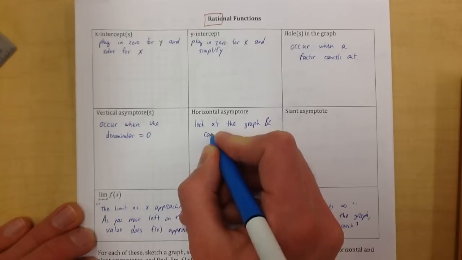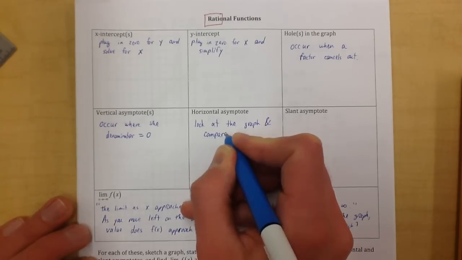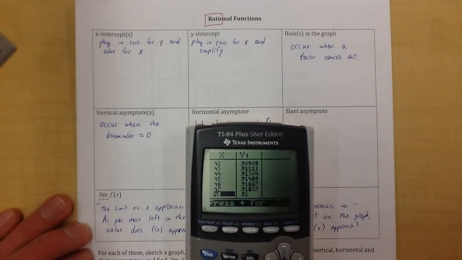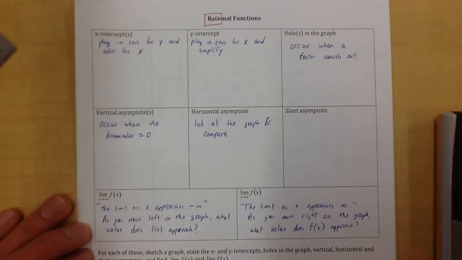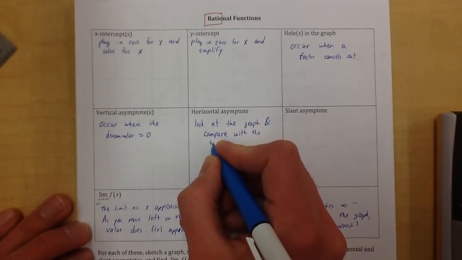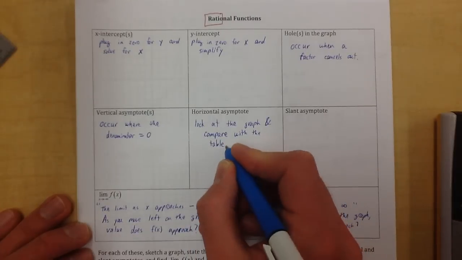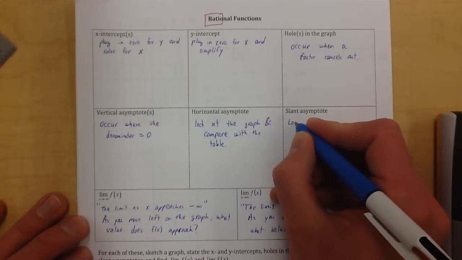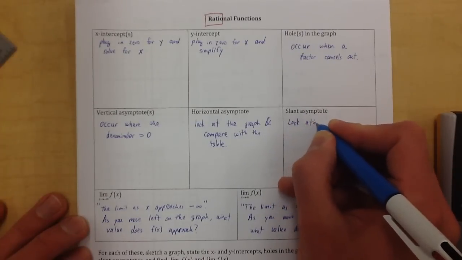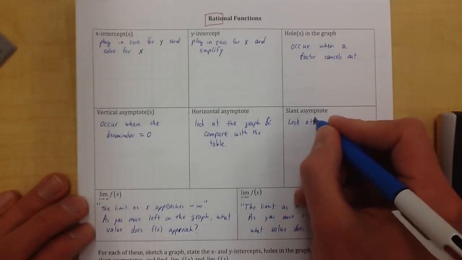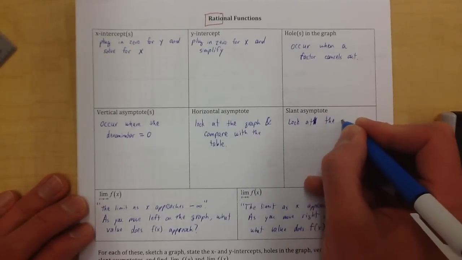and compare it with the table. You know, like a minute ago when we scrolled up and down in the table? Compare it with the table. For the slant asymptote, look at the graph. Wow, I'm blending two words together. Look at the graph.